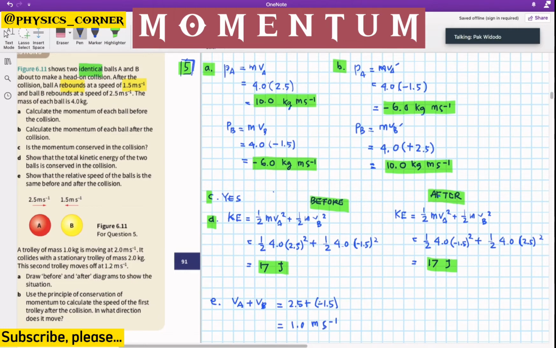After is VA after plus VB after, negative 1.5 plus 2.5, the same, 1.0 meter second minus 1. So the relative speed of the balls is the same before and after collision.